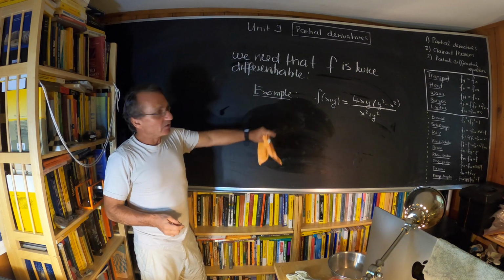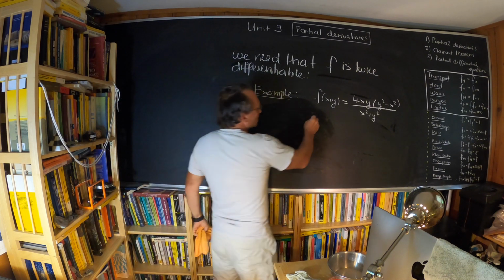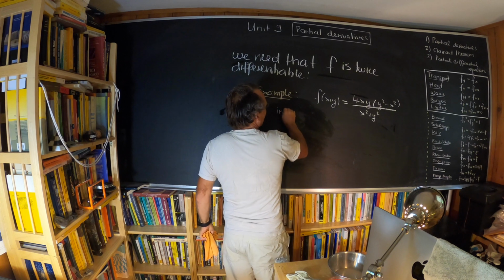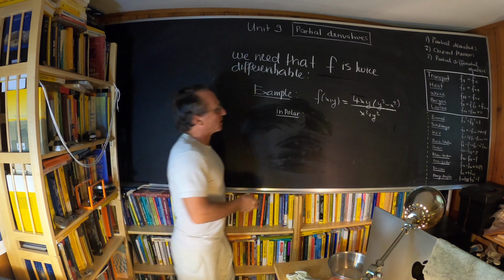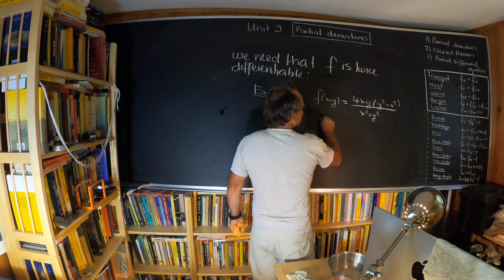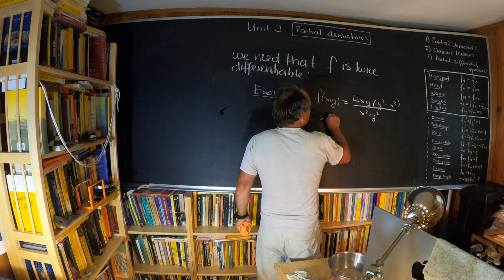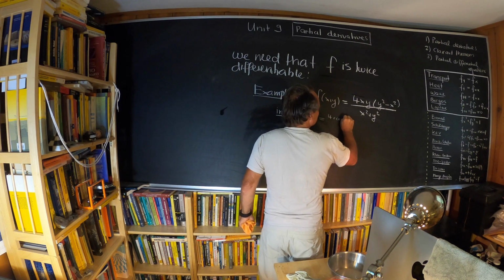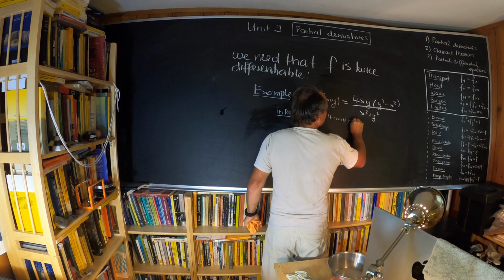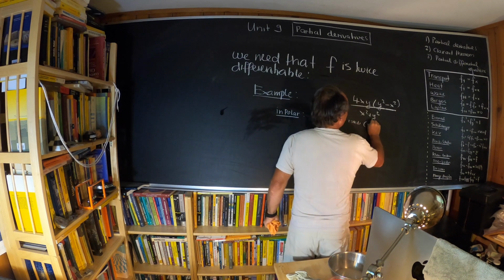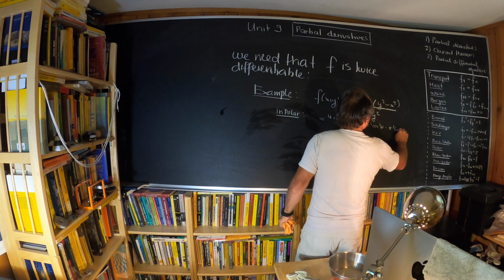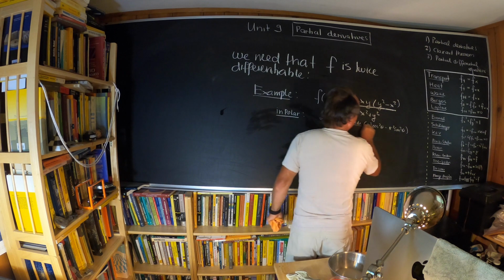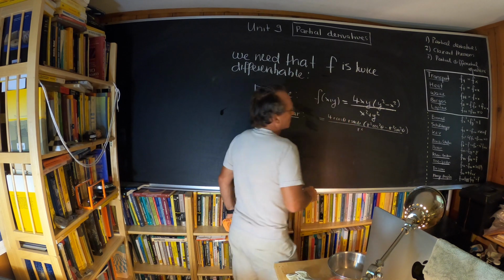This is actually a continuous function, and if you look at it in polar coordinates, remember polar coordinates is x equal to r cosine theta, y equal to r sine theta. So this is 4 r cosine theta, r sine theta, times r squared cosine squared theta minus r squared sine squared theta, all over r squared.